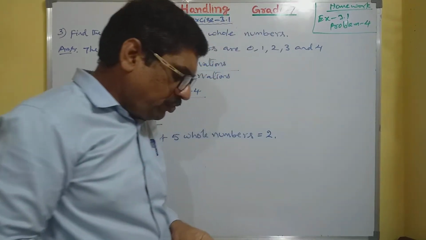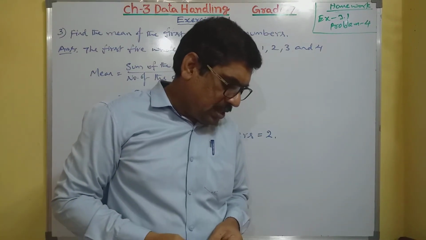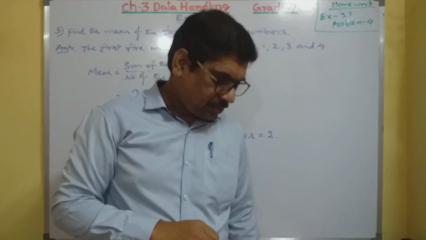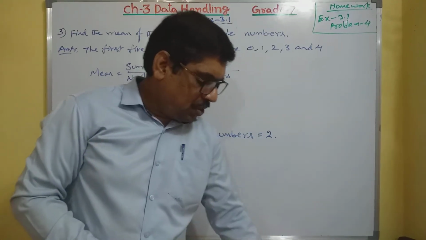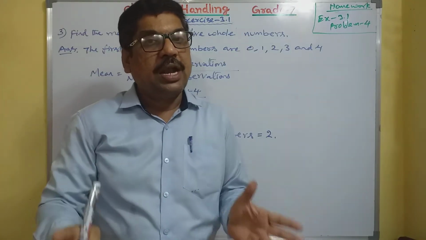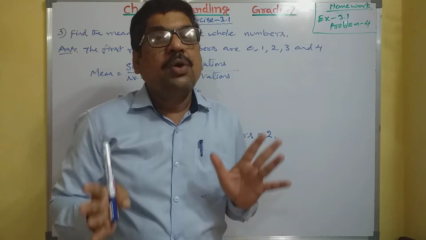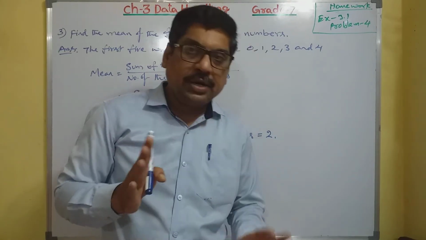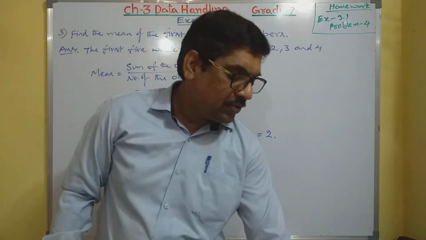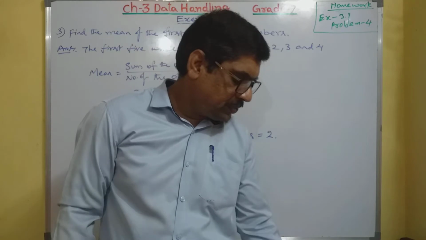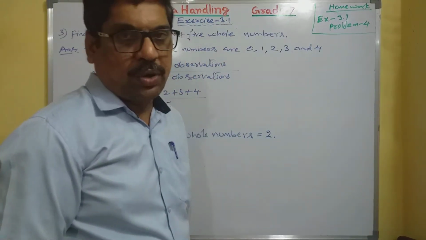The problem is so easy. Here the cricket scores of 8 innings are given. 8 numbers are given and you need to find the mean. You have to add all the numbers and divide by, how many numbers are given? 8. Divide by 8, then you will get the answer. So the fourth problem you have to do as homework. Please do it in the homework book.